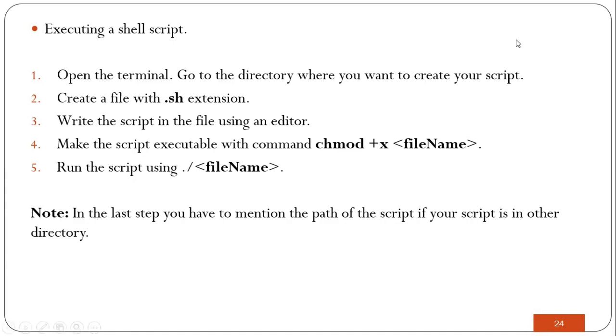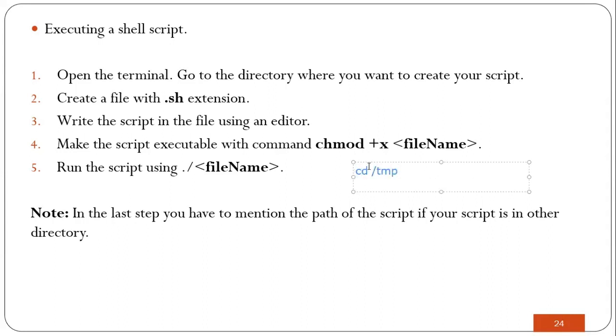So let me give you an example on how to create a shell script and how to execute it. The first step is to go to the directory. I want to create a script under the temp directory, /tmp. So I'm going to /tmp.